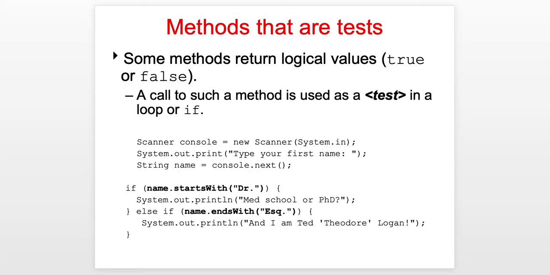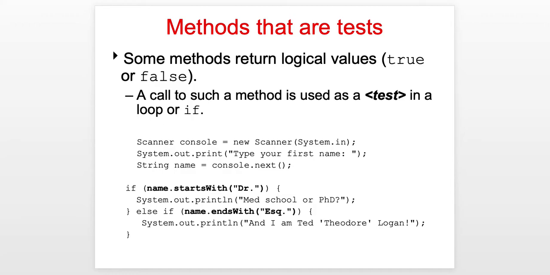So an example of where we can use this is in this if statement here. We're using a specific method called starts with. And this is a string method, right? So we're going to be using the dot notation to call this method. There's many strings out there, but we want to specifically talk about the name string. And so we want to see if the name string starts with doctor. So in this case, we do if name dot starts with quote doctor quote, then we print the line med school or PhD, because you don't know if the doctor went to med school or if they actually have a PhD, right?